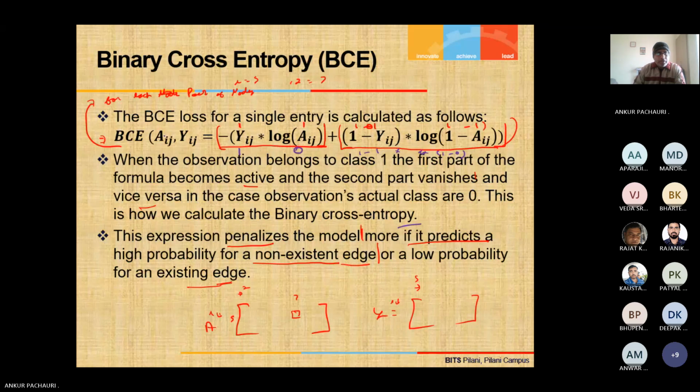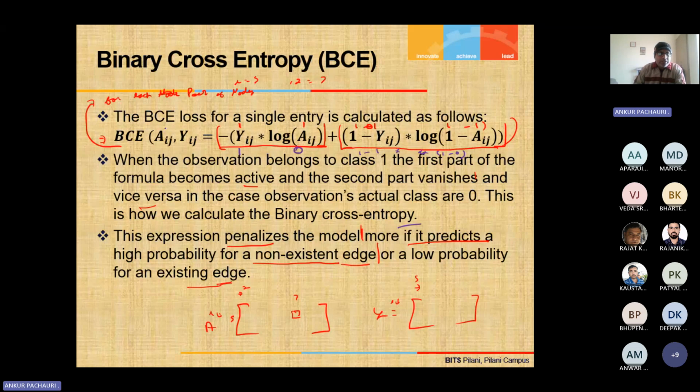Now, if I'm doing it for every single entry, Aij, and I'm comparing Aij and Yij. Okay, so BCE, binary cross entropy, for each index of a node. So minus Yij into log Aij.